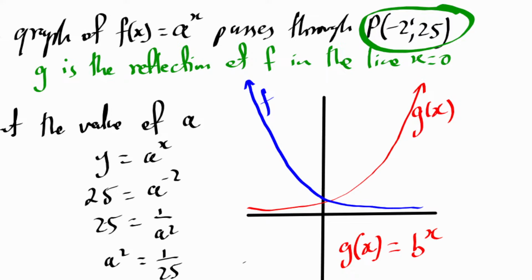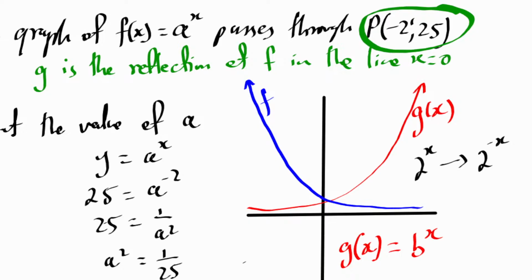This is what it does, if I may write the rule. If your original function was 2 to the x, and you reflect that on the y-axis, it becomes 2 to the minus x. So what reflection in the y-axis does is affect the x values.